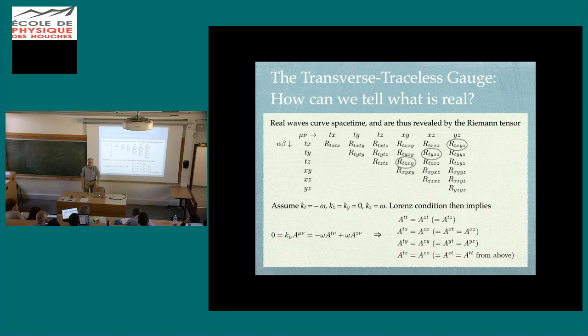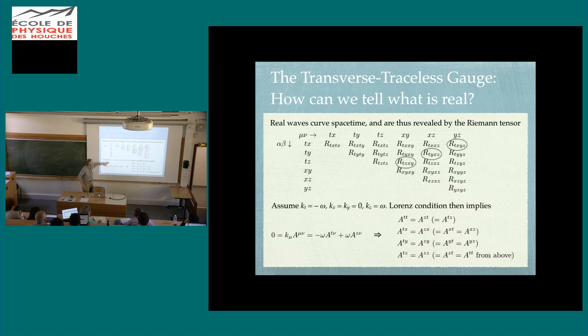But here are the 21 possible independent components of the Riemann tensor. If we evaluate all of these, then we will know what for sure corresponds to curved space-time and what is just flat space-time in disguise. And I've written the 21. There are only 20 independent ones because these three are related by one additional symmetry. Okay?